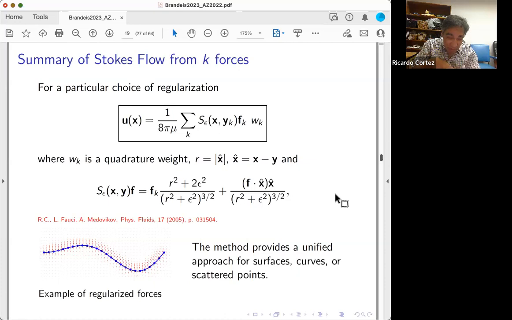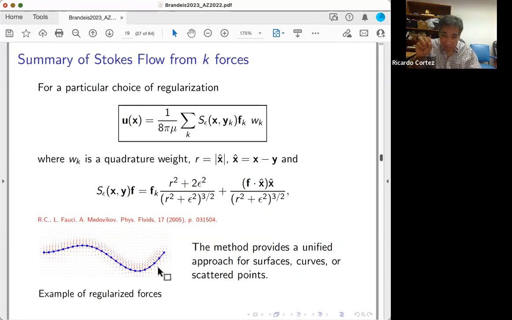So I want to think of it as this: these don't have compact support, what I just showed you, but if you think about the function having compact support, that means there's a little sphere where the forces are distributed. And so it's like a cloud. For me, it's like a cloud of forces rather than being point forces. If you think about at every point here, there's a little sphere where the forces are distributed smoothly, then you might think of it as the radius of your flagellum, for example.